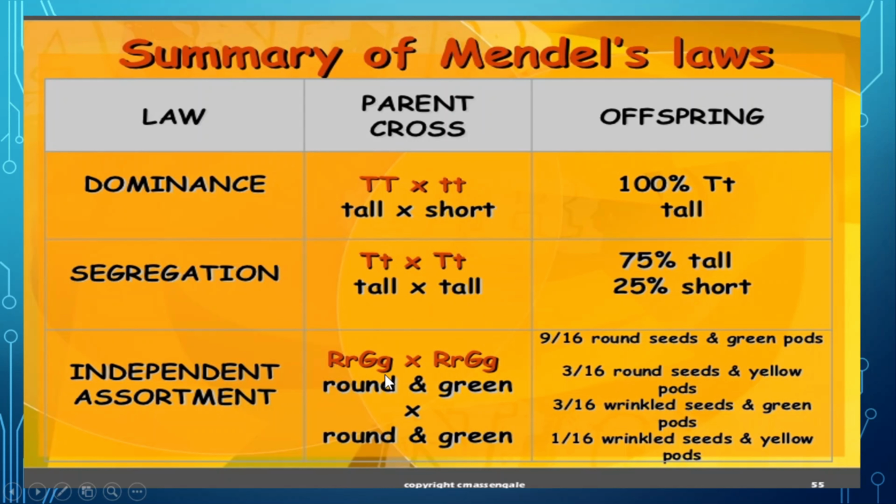Here the first filial generation is 100% tall. Then, because of the law of dominance, it segregates and gives the ratio 3:1, 3 tall and 1 short. And in independent assortment, that is the dihybrid cross, here it is 9:3:3:1.